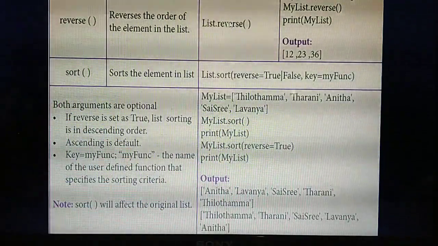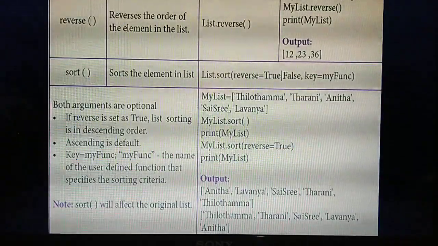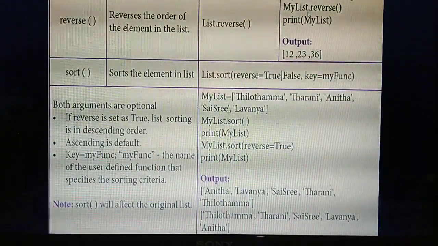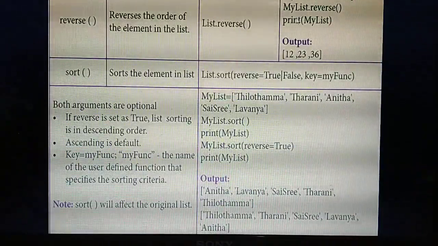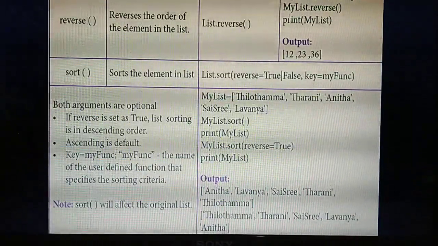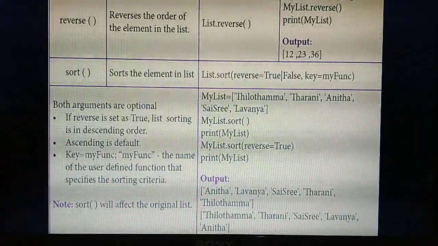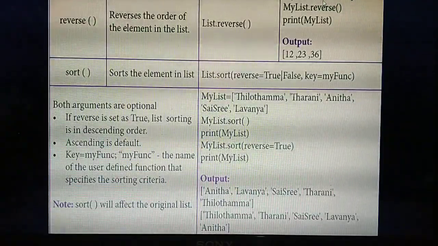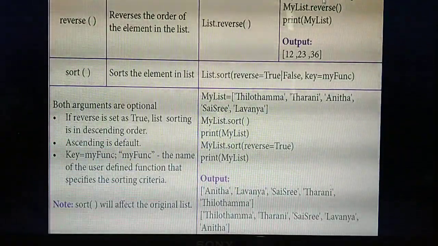In this list they have given 3 elements: 36, 23, 12. Then what's the syntax? Name of the list, here mylist dot reverse. Then you need to print the list. Print mylist. See the output. The output you are getting is in reverse order. Here the elements are 36, 23, 12 but here 12, 23, 36.